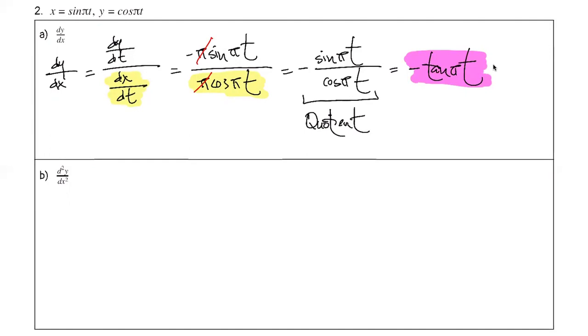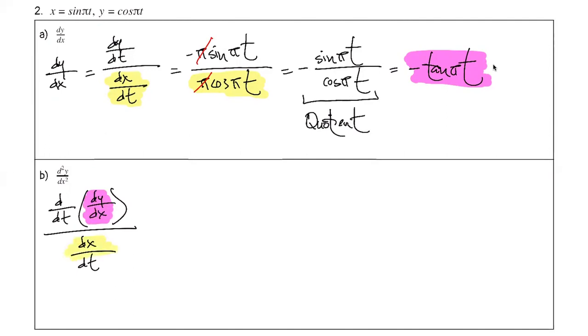Okay, so we have the derivative of dy dx, and I'm going to divide that by dx dt. That means I need the derivative of negative tangent pi t.